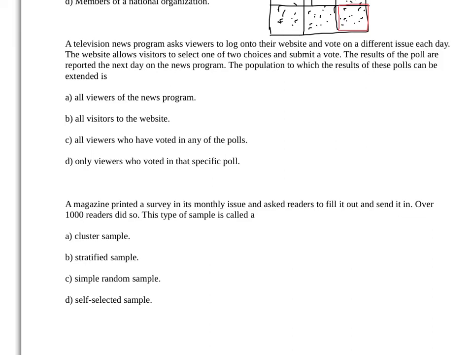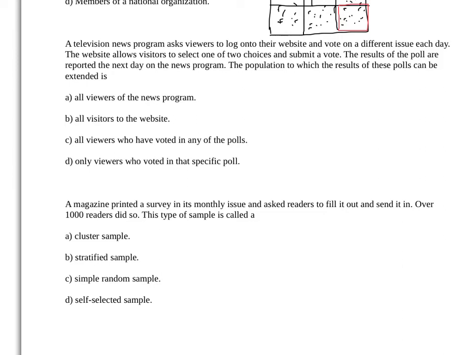But if one day you have a poll about, say, political ideology, and the next day you have a poll about, I don't know, animal control policy, something like that. Not everybody who's interested in political ideology or wants to share their political ideology is going to be super excited about animal control policy, right? Some people will, but not everybody.